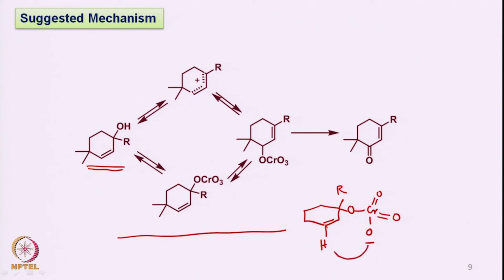Now, this particular oxygen interacts in this fashion, and this breaks off to form an intermediate of this kind, where the oxygen of the chromium species has now come to this particular position.